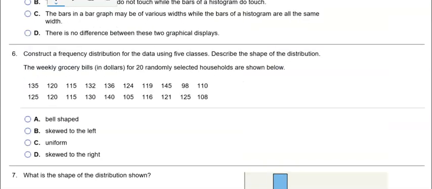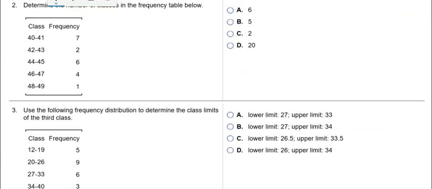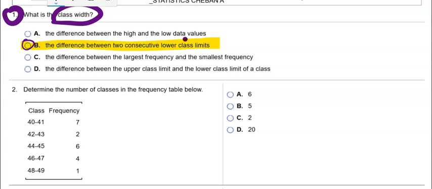Question number 2 has a frequency table and the classes, and the frequency of each class is given. Question number 2 asks you to determine the number of classes in this frequency table below.